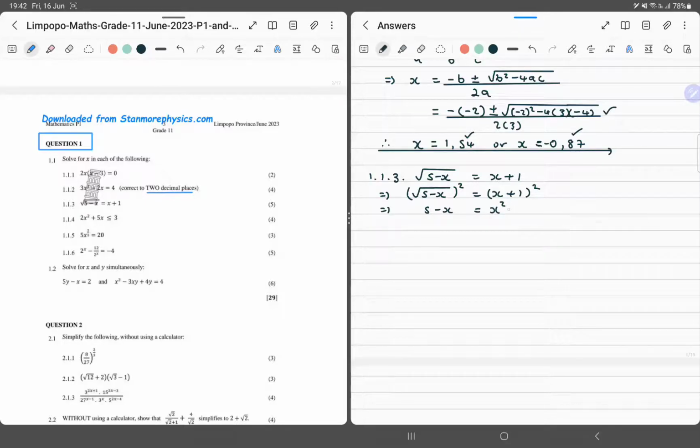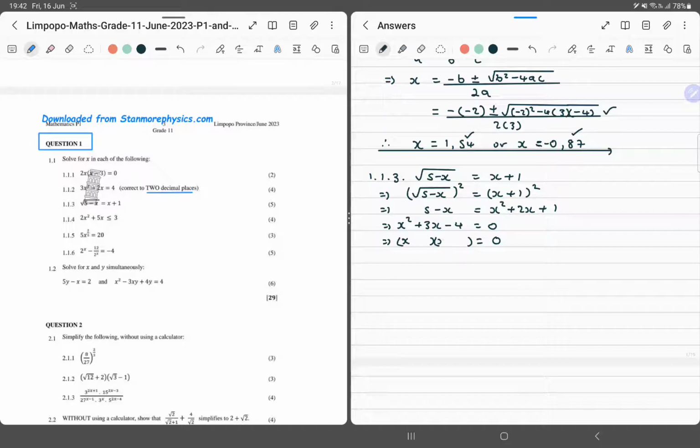It's going to be x squared plus 2x plus 1, okay? This implies now when we rearrange, we get x squared plus 3x minus 4 is equal to 0. Okay, then we can do factorizations from grade 10.